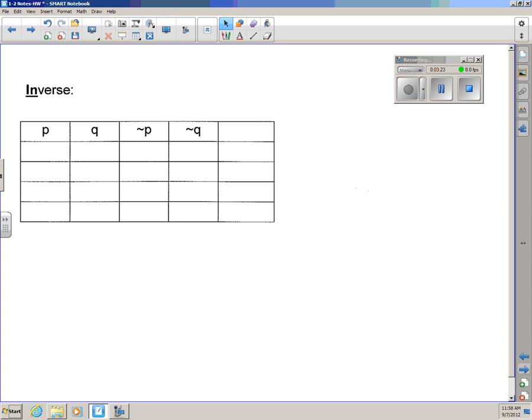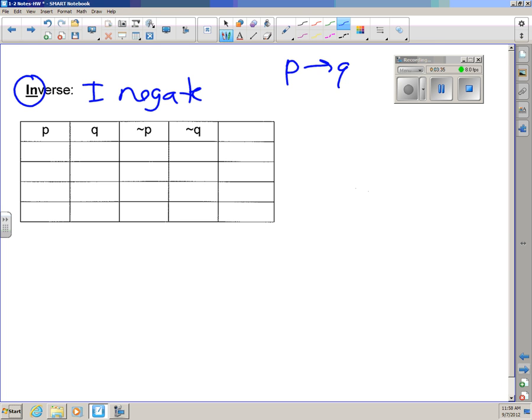The inverse. The inverse says, well, with the conditional, I am going to negate it. I always start off with my conditional, and if I negate it, then it becomes if not P, then not Q. I just negated each piece.